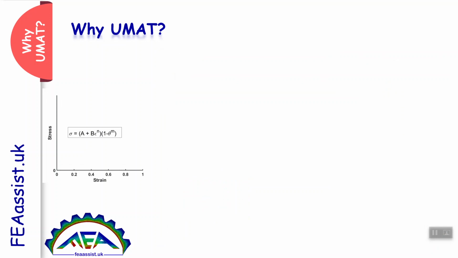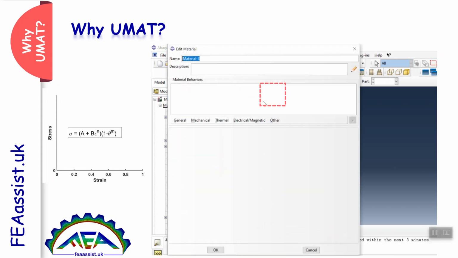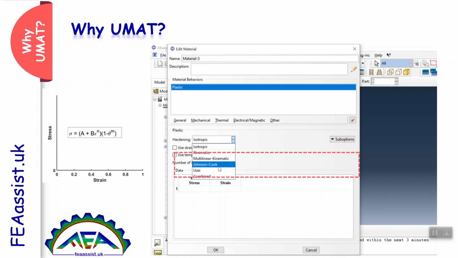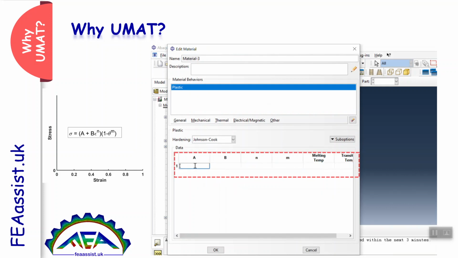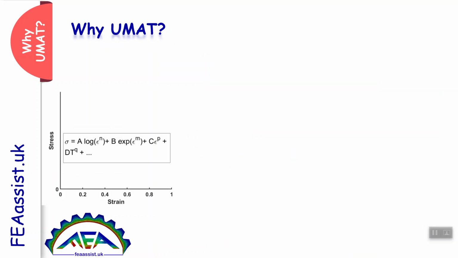Again, if you have the constitutive equation which is well known and included in Abaqus, you can go to the property, define a material, and instead of entering the points, you can define the behavior and enter the parameters and constants of your model. Here it is the Johnson-Cook model. It is a more precise solution because you have an equation for all your points.